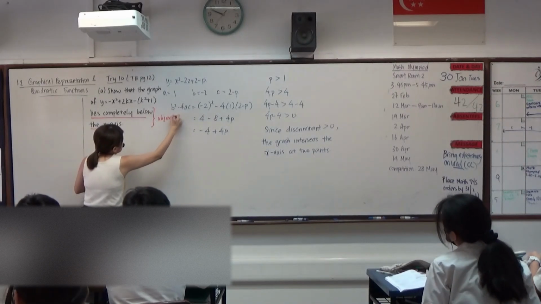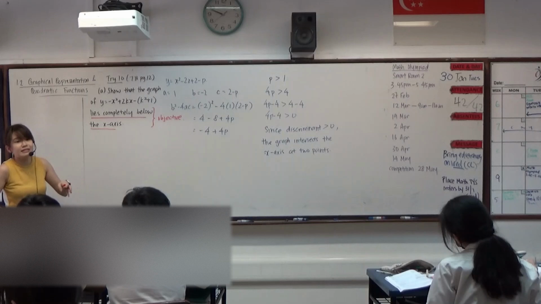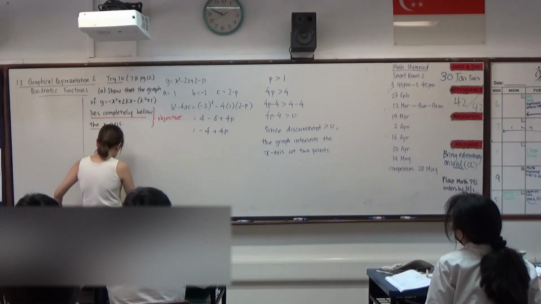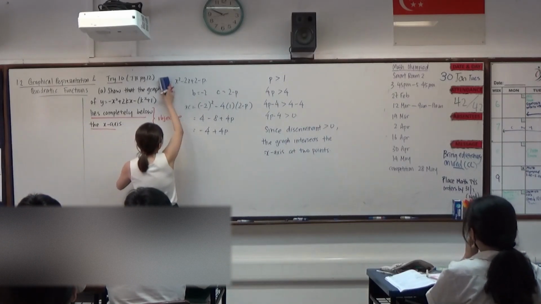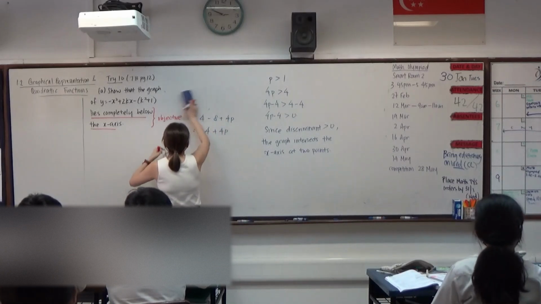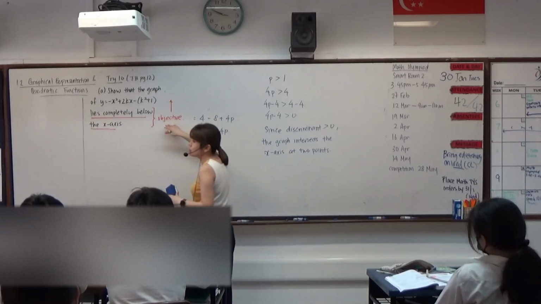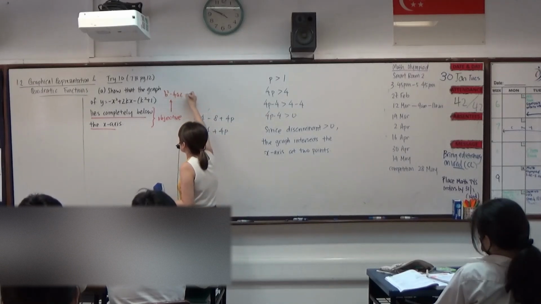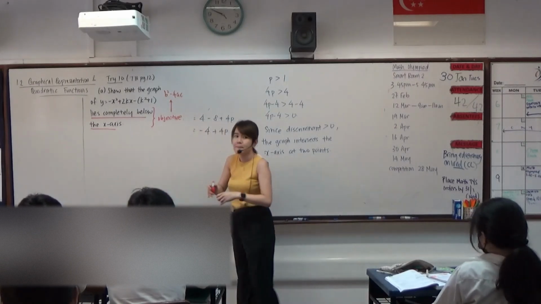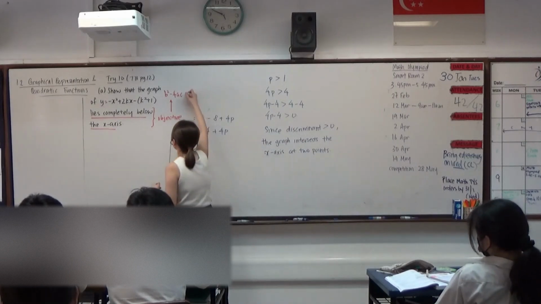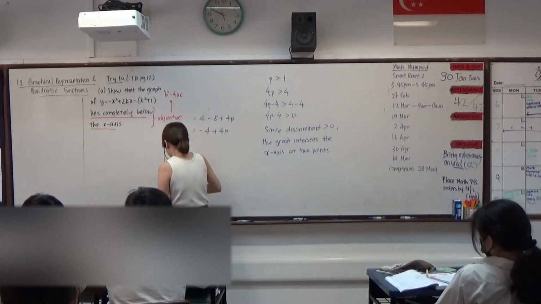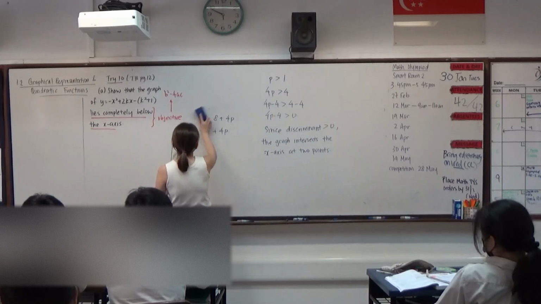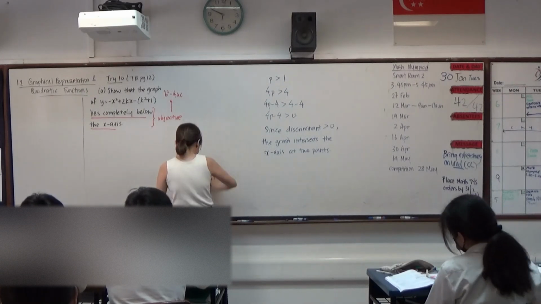Then we need to think backwards to realize what does that mean for our discriminant. So we must know the objective, then we think backwards to understand about the discriminant. Now, there is something that I have not yet mentioned about this idea of being below the x-axis itself.